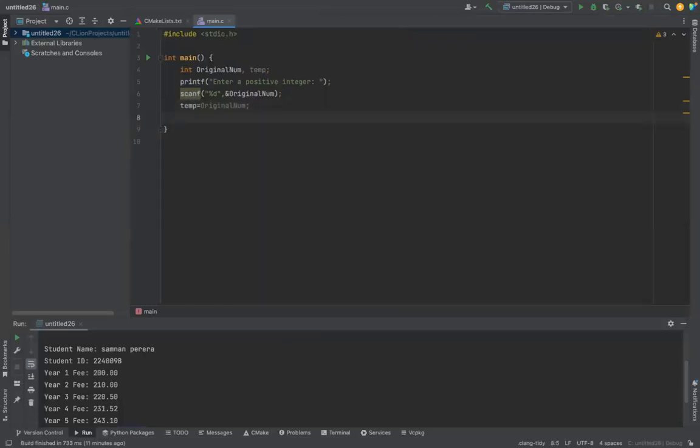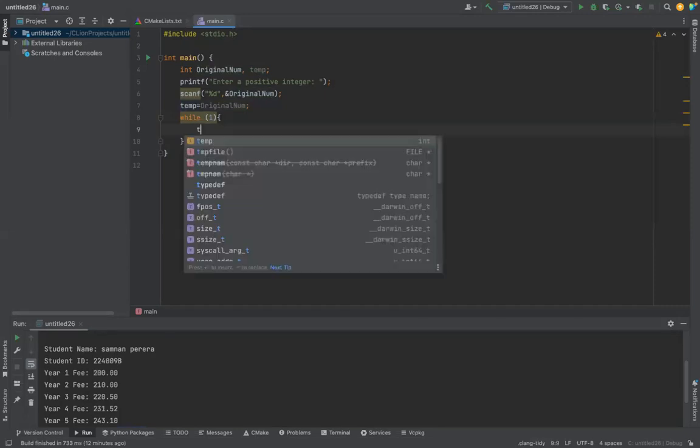Then what we have to do is write a while loop. Let's say initially, if you don't know the condition, you can put 1. After that, we can change the condition to a proper value. Now, do not divide the original number, because otherwise it will be lost. Now we have the original number in the temp variable. Now try to divide temp by 10.